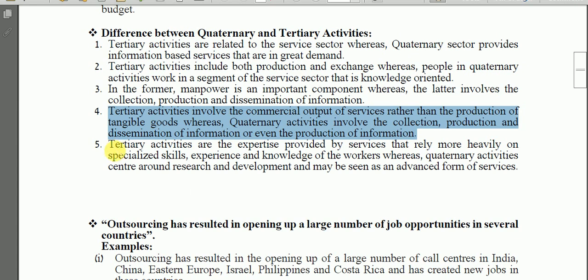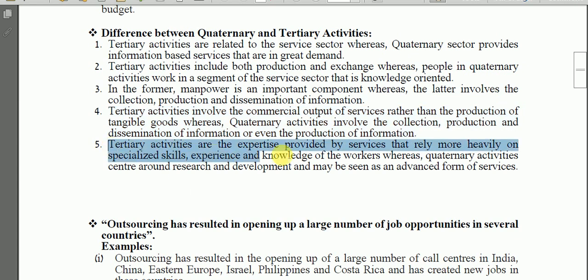And the last one is that tertiary activities are the expertise provided by services that rely more heavily on specialized skills, experience, and knowledge of workers, whereas quaternary activities center around research and development and may be seen as an advanced form of services.